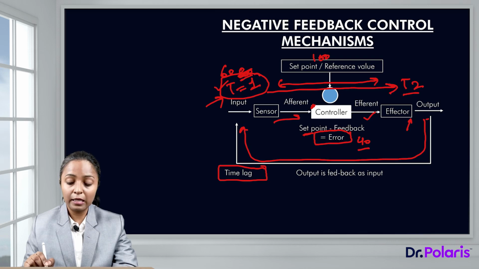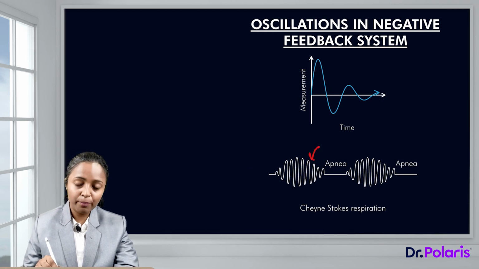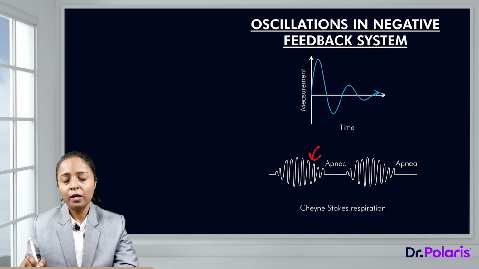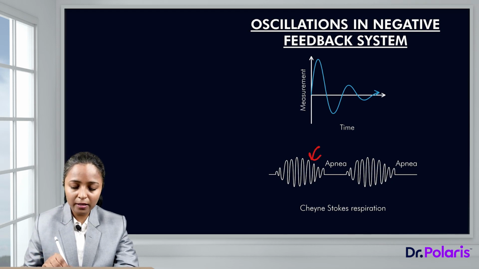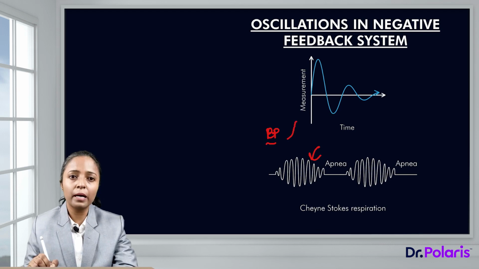So there are two things in negative feedback control mechanisms which we should remember. One is there is a time lag, and there is something known as error, based on which the controller makes the adjustments. Now, because of the time lag in the system, a negative feedback system actually shows oscillations in the primary variable which is being sensed. So if we are taking blood pressure from moment to moment, it will not be like something has changed the blood pressure.